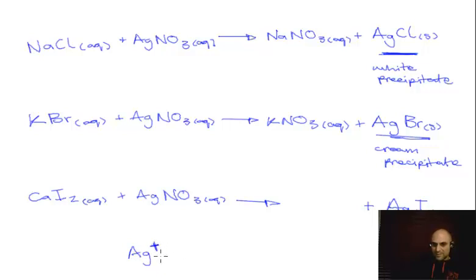Ag plus. What am I talking about? They have oxidation state of +1. Even though it's a transition metal, silver normally only, as far as I know, well, I'm sure it does at other times, but it forms ions of +1. So with iodide -1, it's got to be AgI.